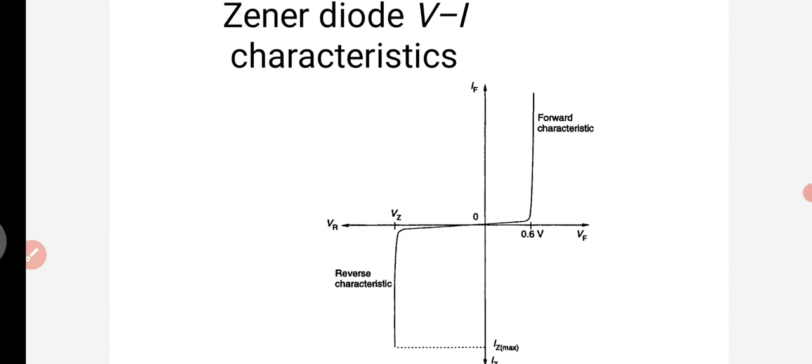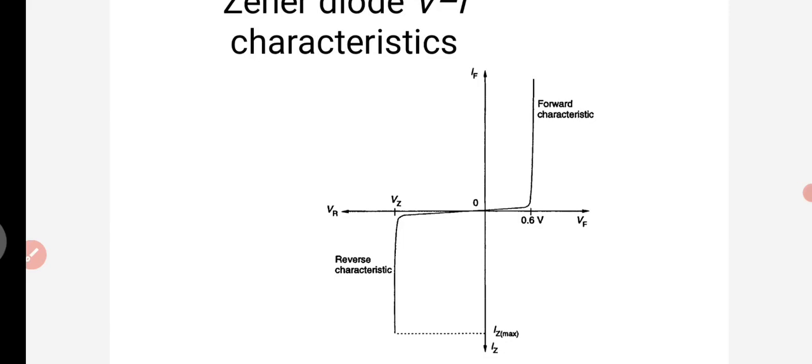When you draw the characteristics between voltage and current, in reverse bias they are the reverse voltage and reverse current. When we increase the reverse voltage, the current stays almost constant until it reaches the breakdown voltage, Vz.